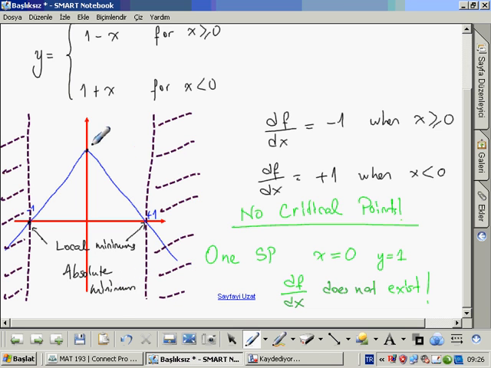And this point, which is a singular point, is a local and absolute maximum, 2. And the endpoints, we said, are local minima and also absolute minima. Let me continue with another example about these critical points.